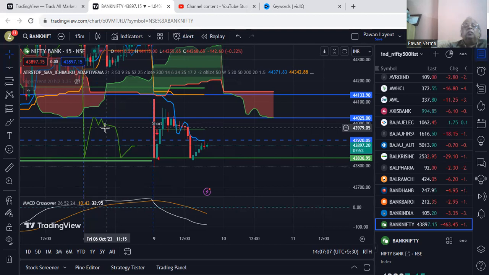So one should not carry the long position without hedging. Hedging must be done for carrying out each and every trade. The overall trend is bearish. So for each and every trade, one should go for the hedging.